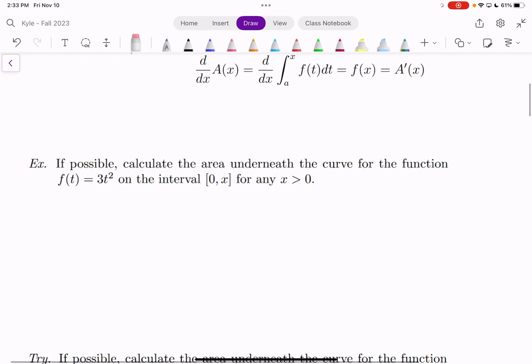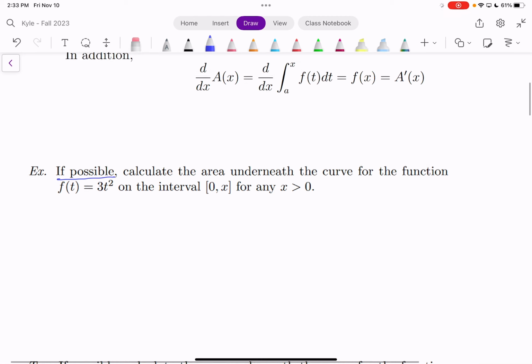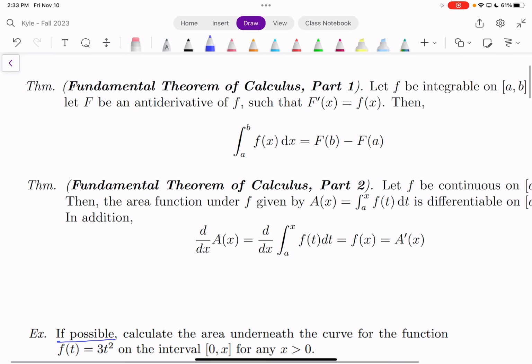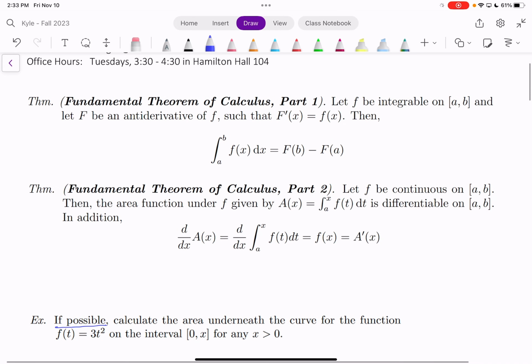So this first question says, if possible, let's calculate the area underneath the curve for the function f of t equals 3t squared on the interval 0 to x for any x bigger than 0. Now the reason we have to ask "if possible": let's go back to the first part of the fundamental theorem of calculus. Remember that it says f has to be integrable. So what does it mean to be integrable?